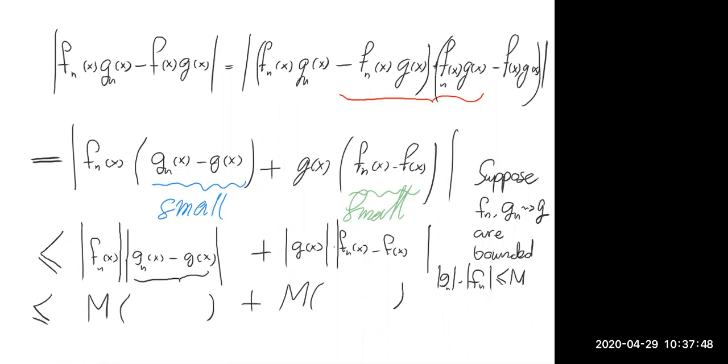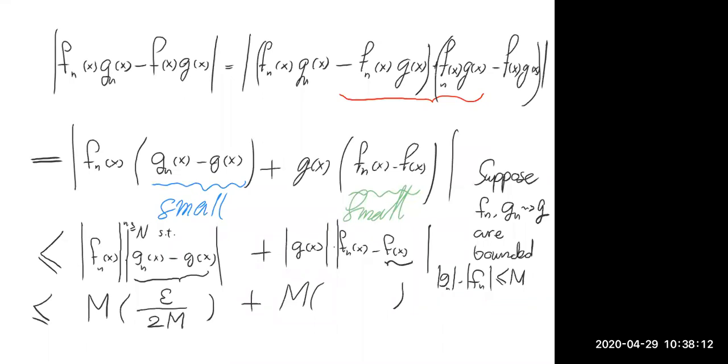Remember, when we have uniform convergence, we can control this difference, Gn minus G. I can say, look at the numbers n greater or equal than N, such that this difference is less than epsilon over 2M.